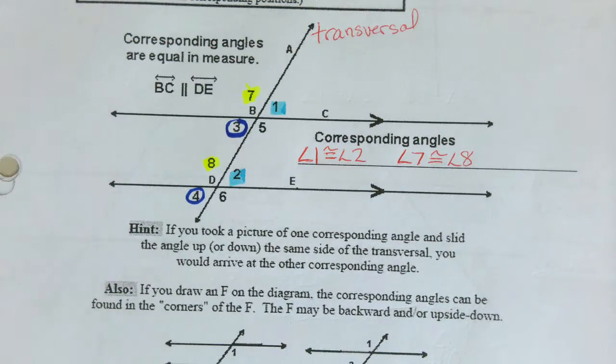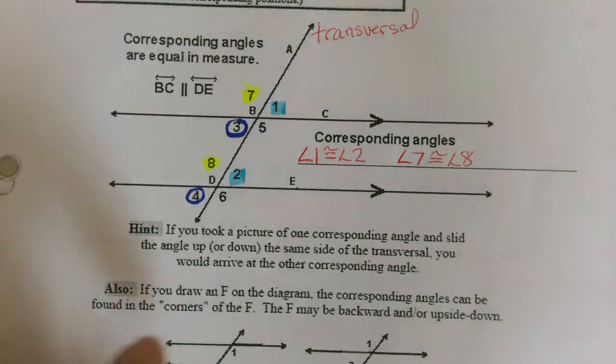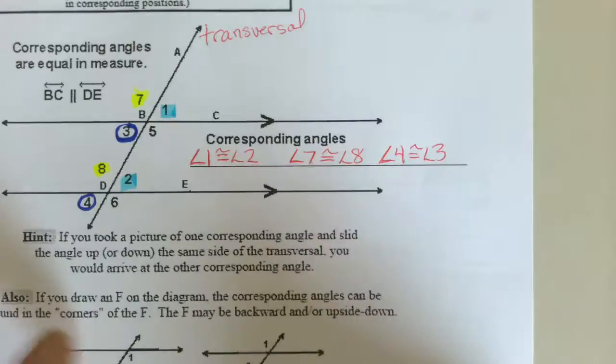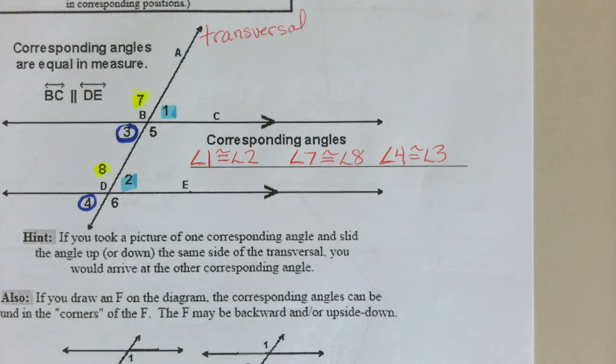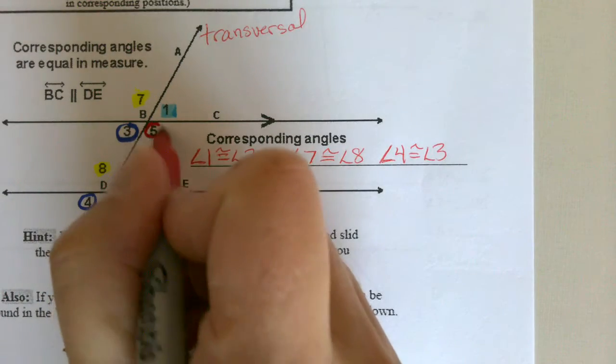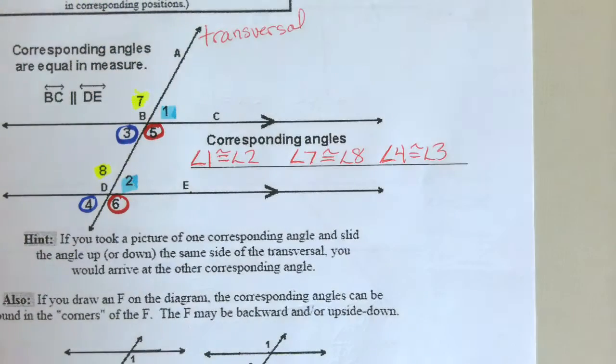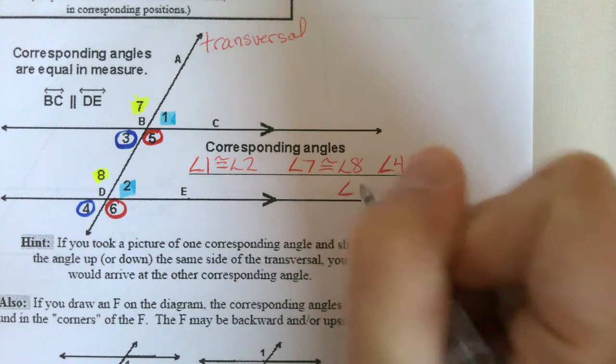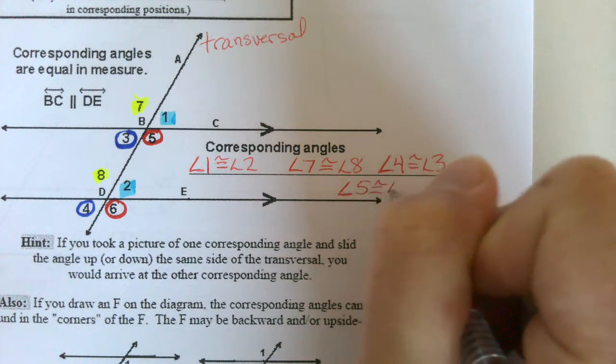Do you see how they're both in the bottom left corner? So angle 4 is congruent to angle 3 because they're corresponding. And there's one more set. Angle 5 and angle 6. So I'm going to write down here, angle 5 is congruent to angle 6.